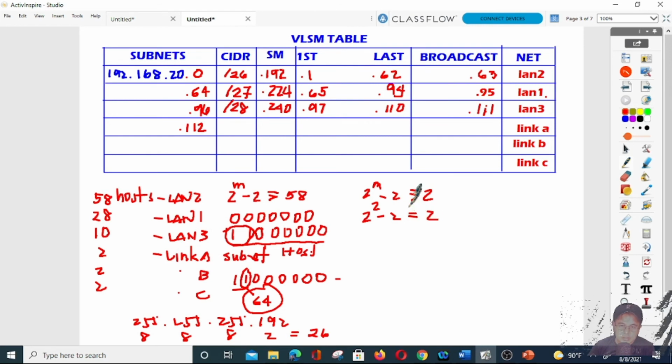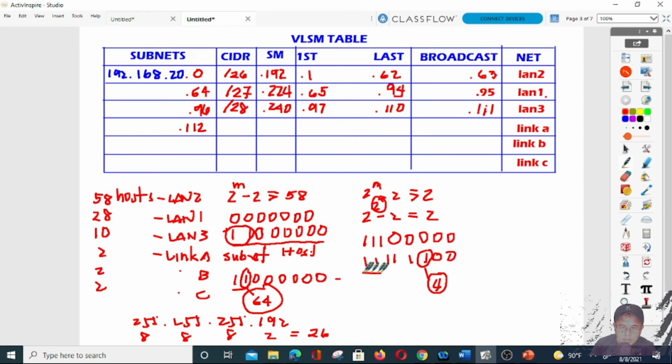So it satisfies because the condition is equal to or greater than 2. So we need 2 zeros to be retained in the subnet. So if this is our subnet, we only need 2 zeros, so the rest will be 1. Okay, so this will be our increment, which is 1, 2, 4.